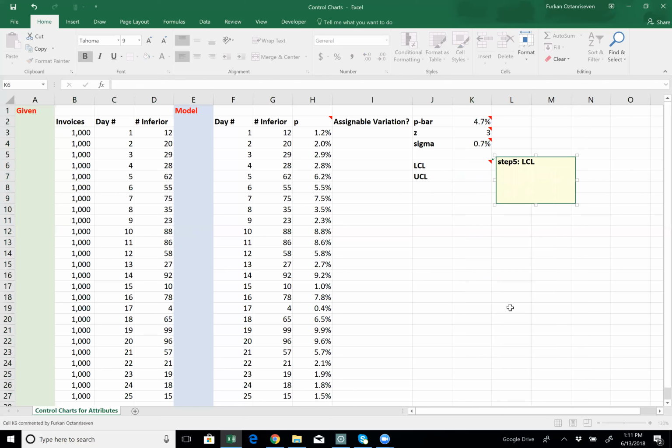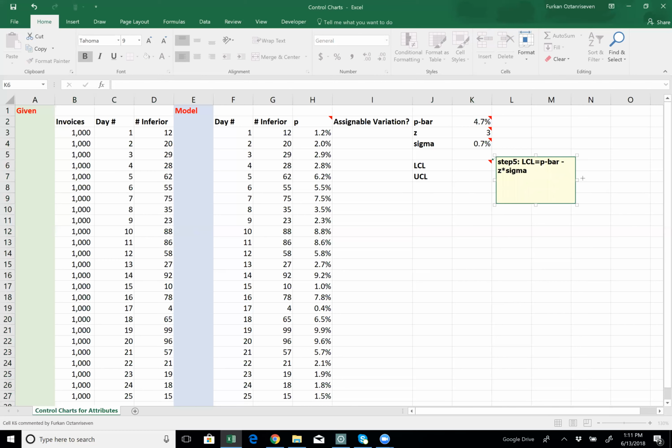Lower control limit is equal to P bar, average P, minus Z score, which is number of standard deviations, times sigma or standard deviation.